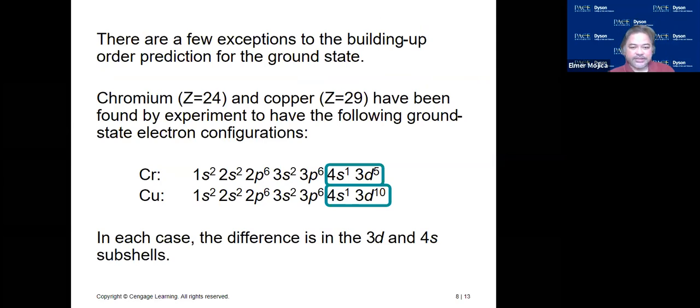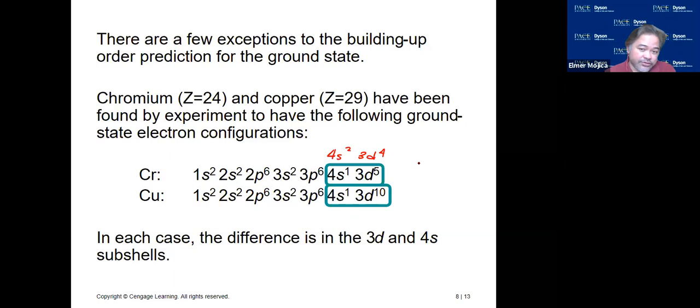So for instance, if you're dealing with chromium and copper, instead of having the last sequence as 4s2 3d4, they found out that chromium would assume this configuration.